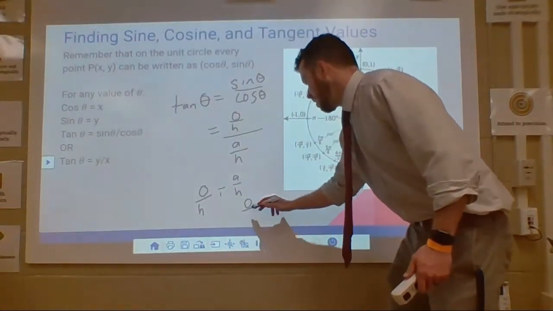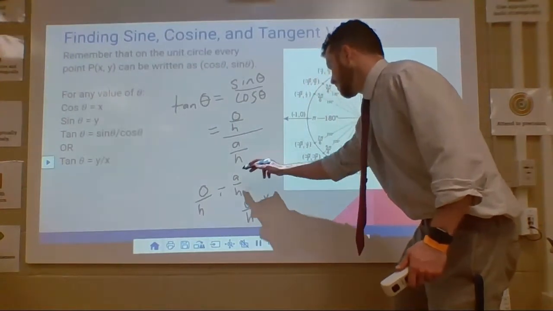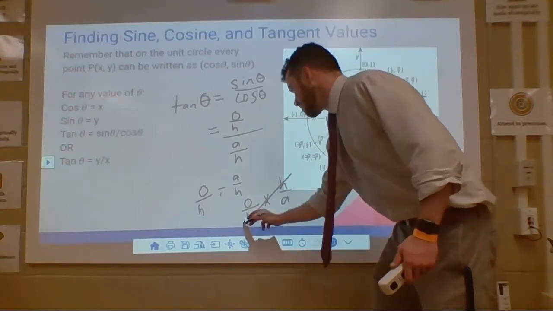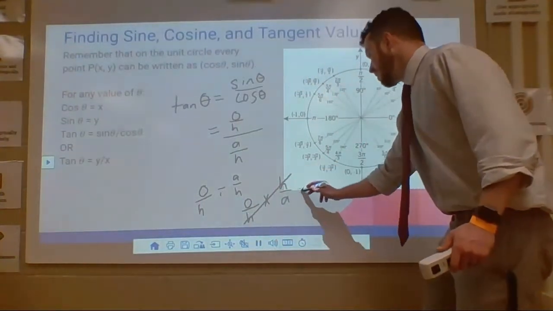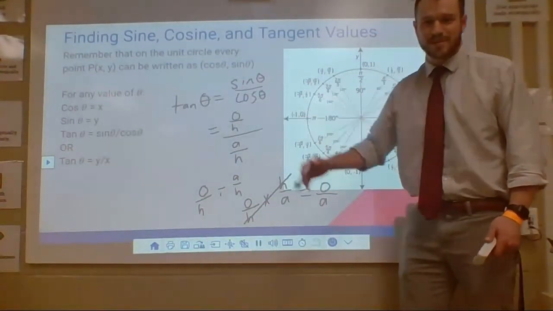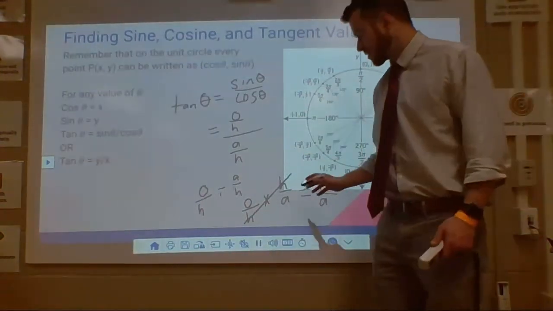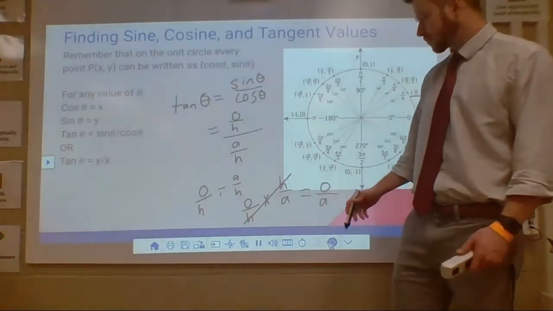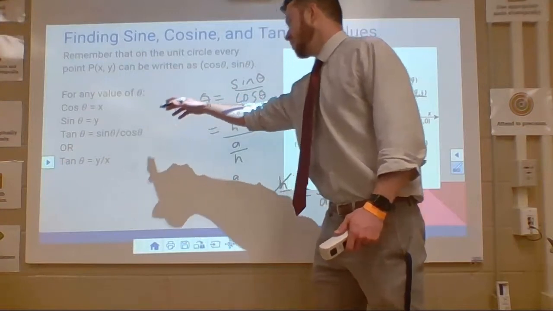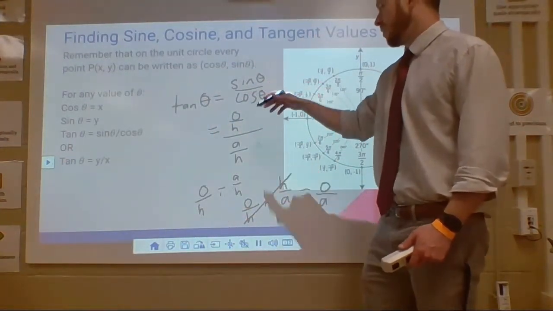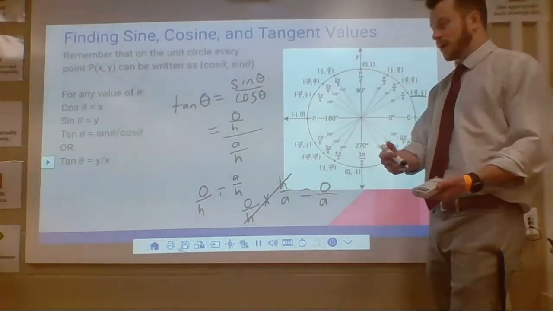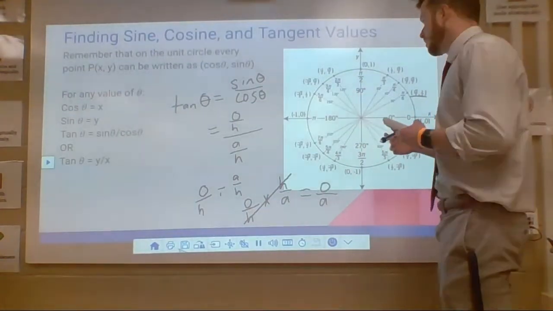So we're going to say opposite over hypotenuse times hypotenuse over adjacent. The hypotenuses are going to cancel out, and we're left with opposite over adjacent. Isn't that what tangent is? Tangent is opposite over adjacent. So we can say that tangent of theta is sine theta over cosine theta, or tangent theta is y divided by x, the y value divided by the x value.